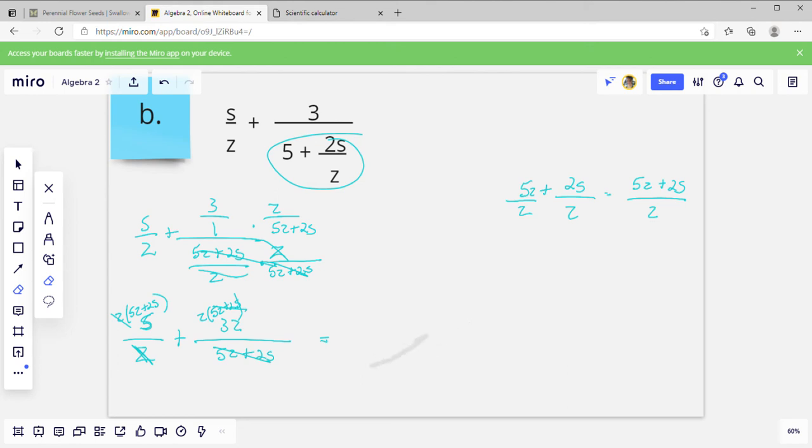So you gotta be real careful when you're writing. Your handwriting matters. That's a Z times 5S, right? Alright, so we should have Z times 5Z plus 2S.